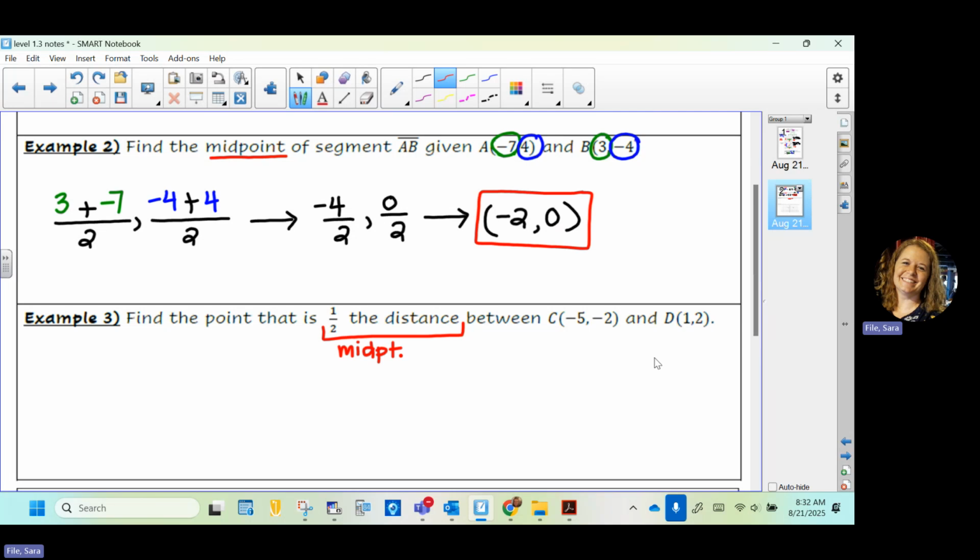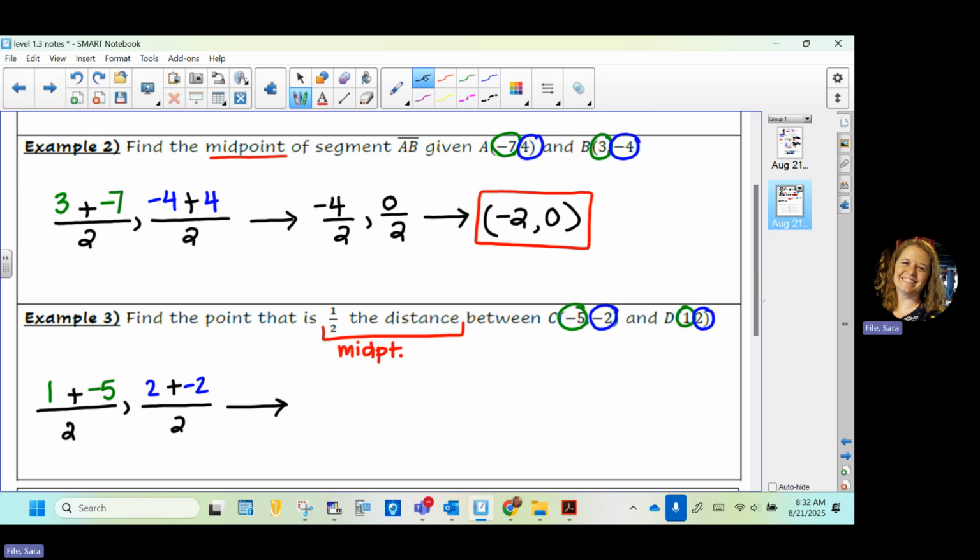So we're going to do the same thing one last time here. So my x's are -5 and 1. My y's are -2 and 2.